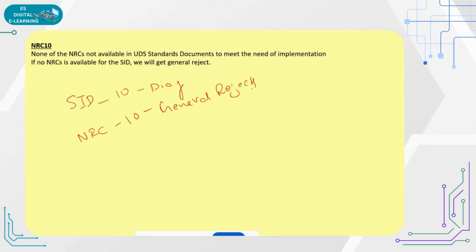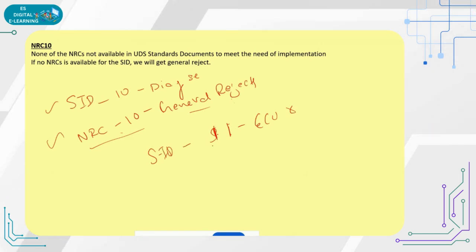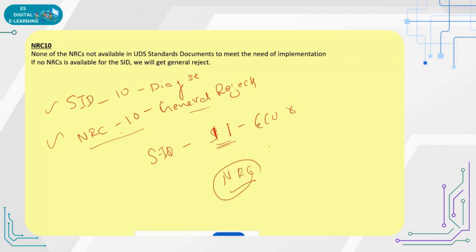If they ask you, you need to say service ID 10 is diagnostic session control and NRC 10 is general reject. Suppose let's take 11, which is ECU reset. This is the service ID. For this service, the NRCs are not implemented. Like, if you send 1101, it will support only 01.